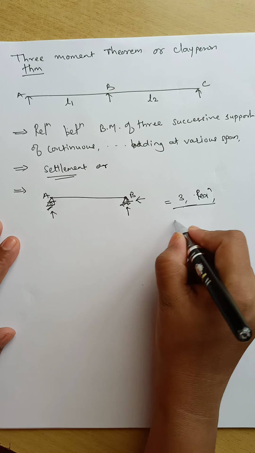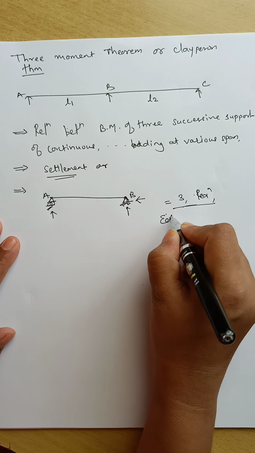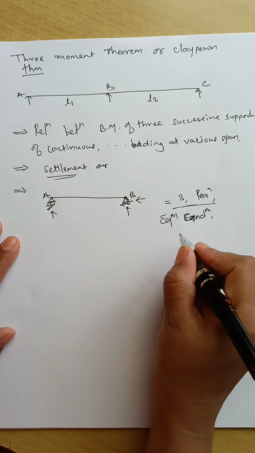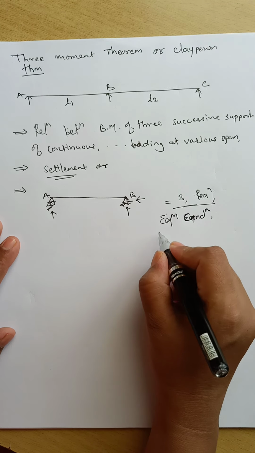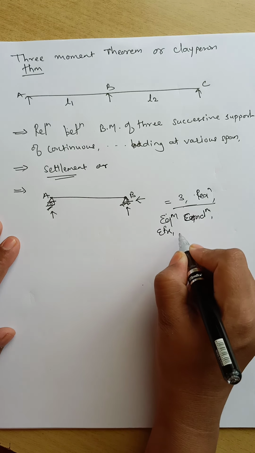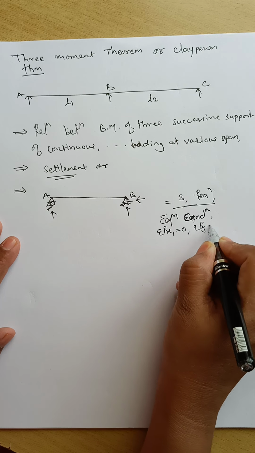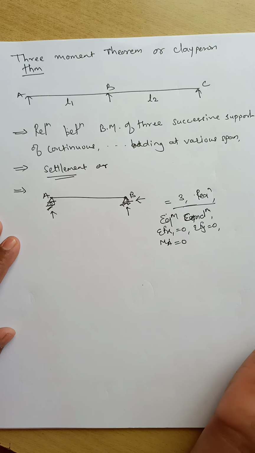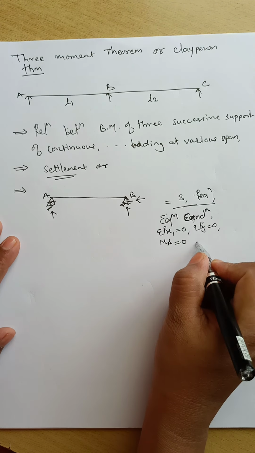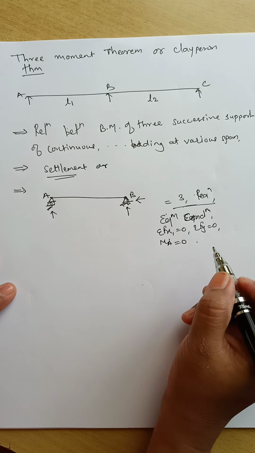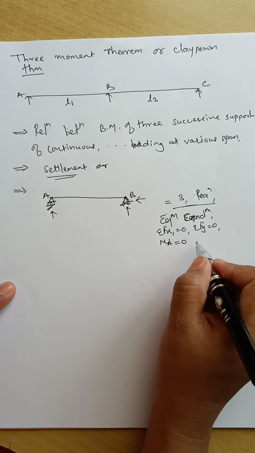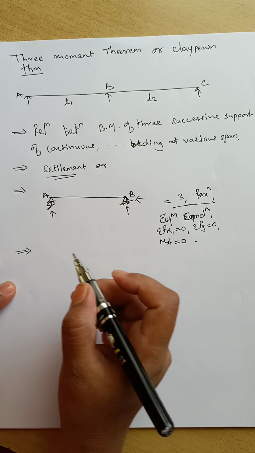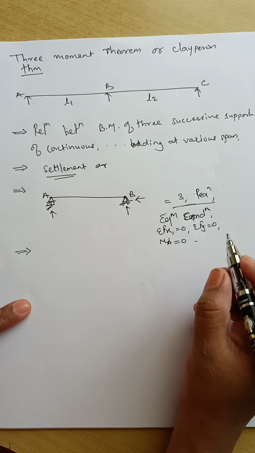These three reactions we can solve with the help of the equilibrium conditions we studied in strength of materials: sum of Fx is equal to 0, sum of Fy is equal to 0, and moment about any point is equal to 0. We can solve this beam with three equations, but a continuous beam we can't solve with these three equilibrium equations, because the reactions are more than 3.